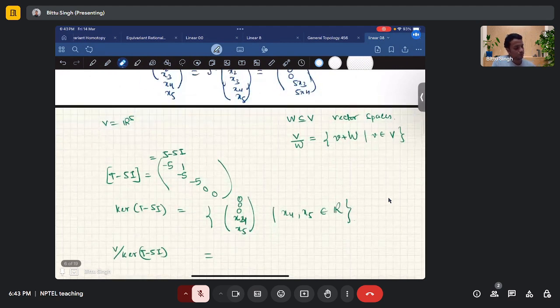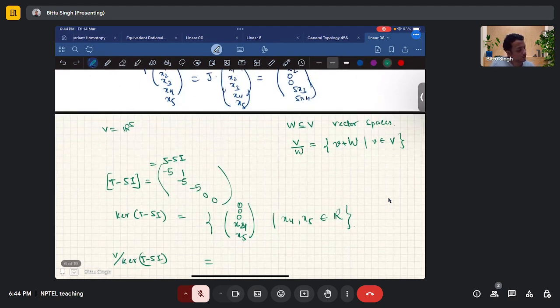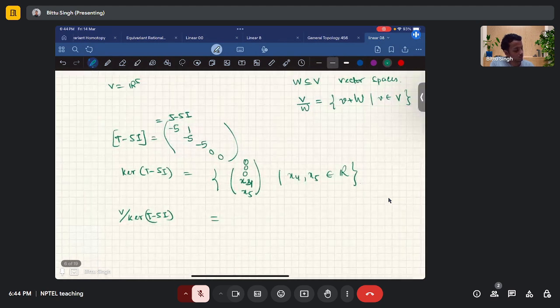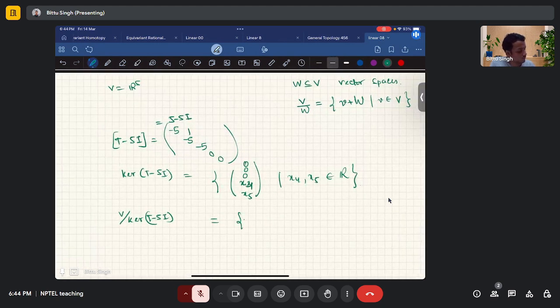So it will look like V plus W, where W is the kernel in our case, such that V belongs to V.